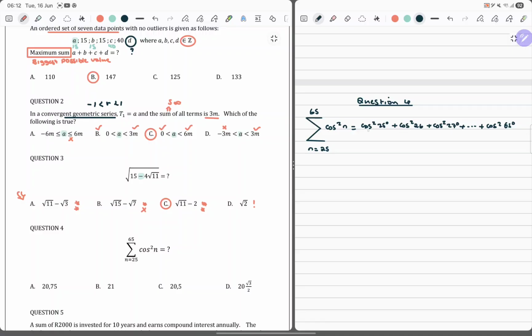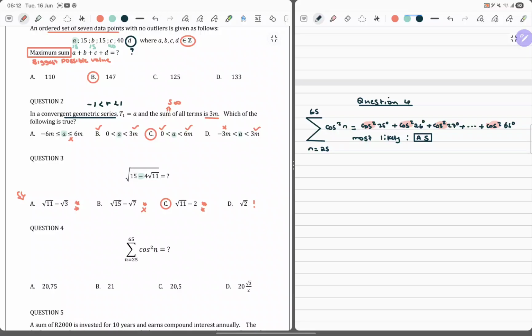Now this is a bit tricky, but if we look, there's a consistency here. There's a cos squared, cos squared, cos squared, cos squared. And we can see the angles are increasing by 1, right? So most likely, not to say it is indeed, I'm not sure, most likely this is an arithmetic series.